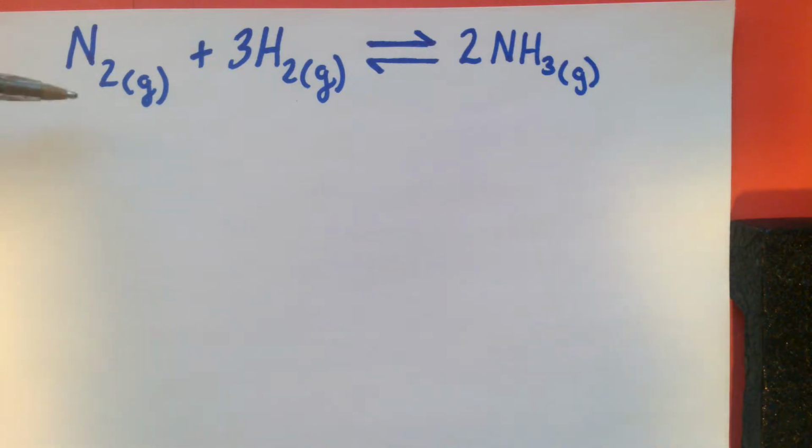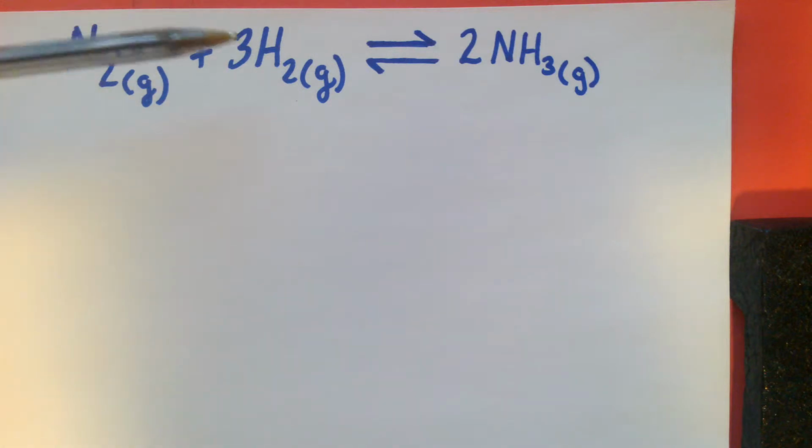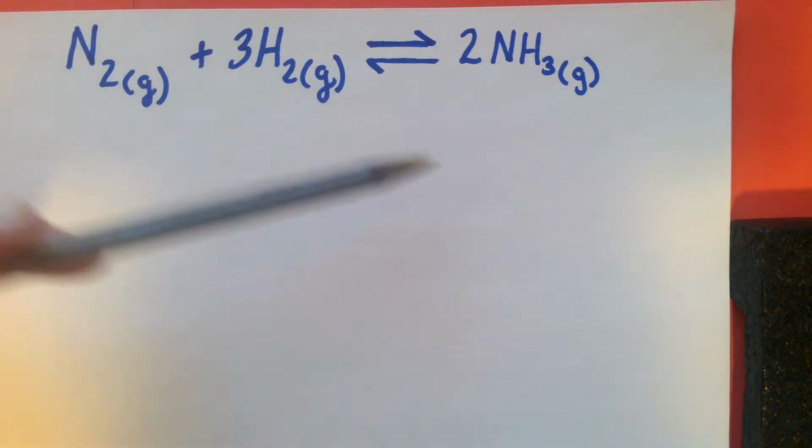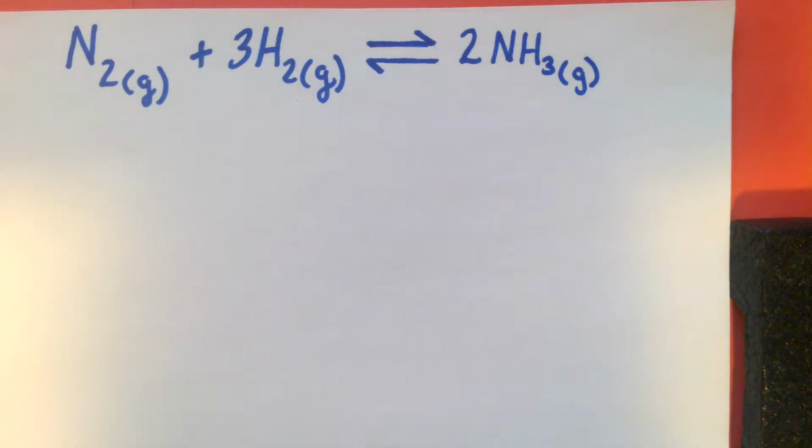It's the synthesis of ammonia from its elemental nitrogen gas and hydrogen gas. You notice here I've already got the reaction equation balanced for you. So this is representative of 1 mole of nitrogen gas plus 3 moles of hydrogen gas leads to 2 moles of the ammonia gas.